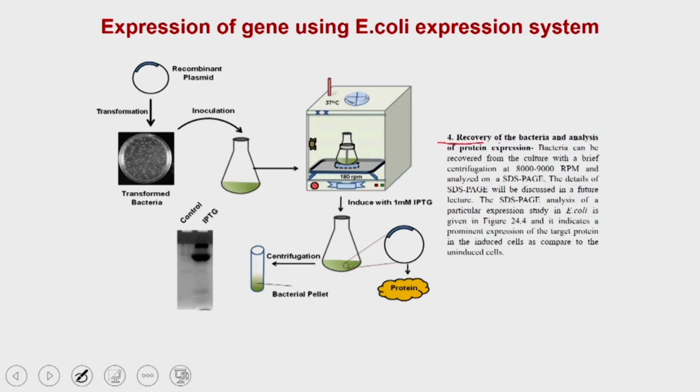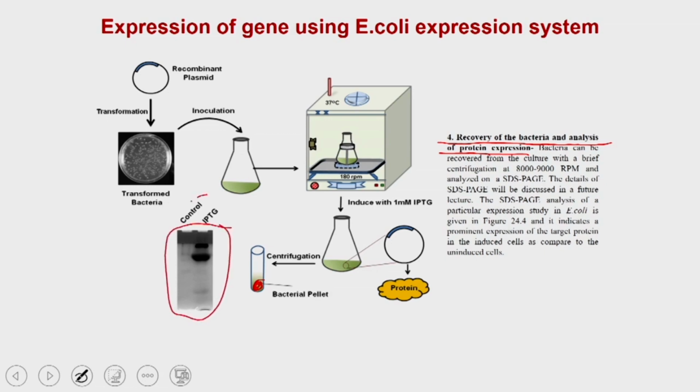Then you will recover the bacterial cells simply by centrifugation. That will give you a bacterial pellet, which you can lyse with the help of SDS as well as other kinds of detergents, and then you can analyze it on SDS-PAGE.